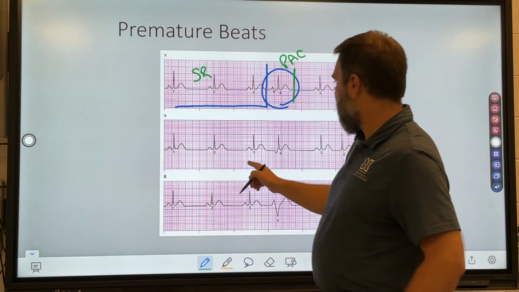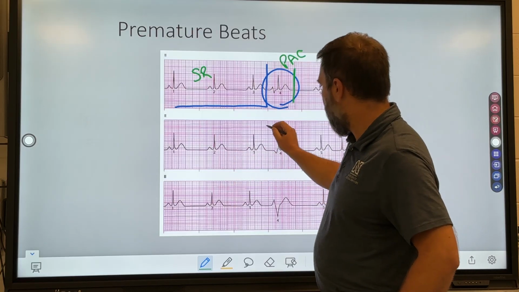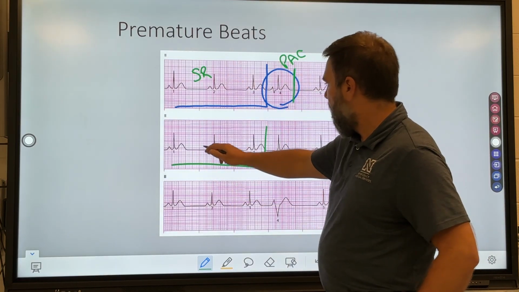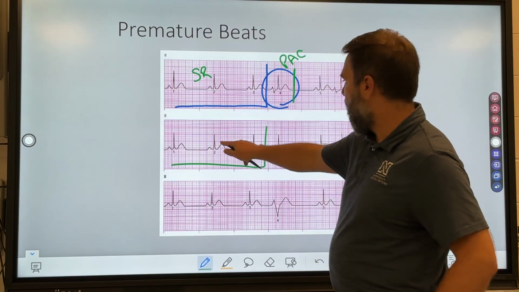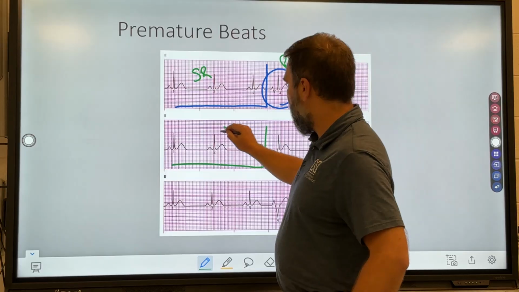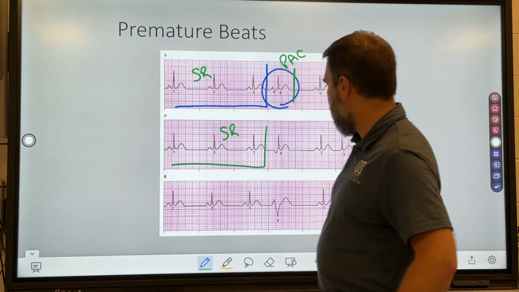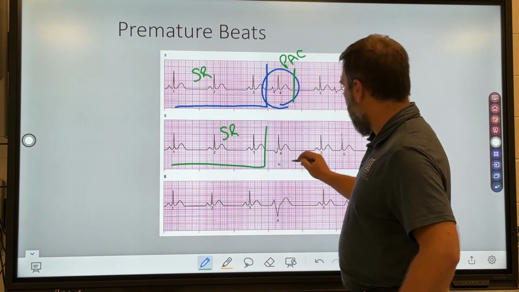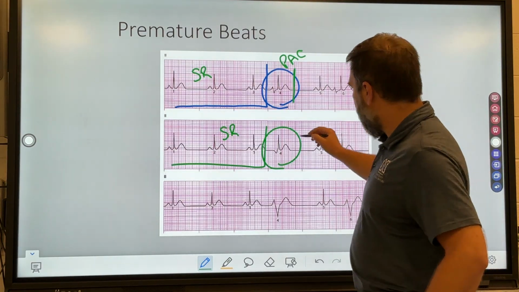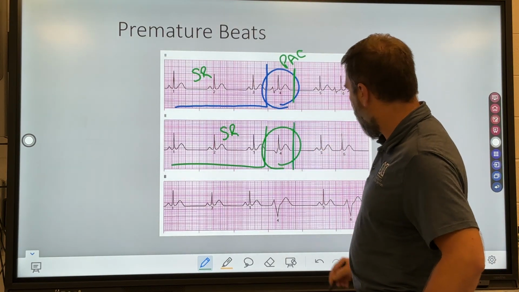Looking at this next option here, same thing. These look regular: upright P waves, QRS, rhythm is regular. So by definition and by rules, we're going to say this is sinus rhythm. However, we're dealing with this abnormal complex here. Our next complex should occur there.